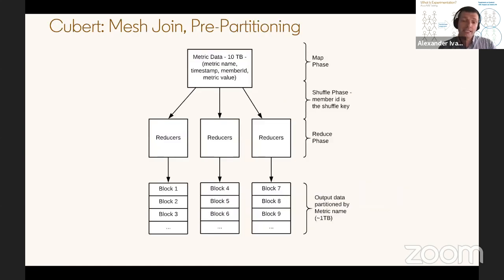So what we did instead was a different way of partitioning. Let's say we have 10 terabytes of metric data with the following schema: metric name, timestamp, member ID, and value. We shuffle the data by member IDs, so no changes from Qbert here, but reducers, instead of generating a single partition, would subsplit the data into multiple blocks.